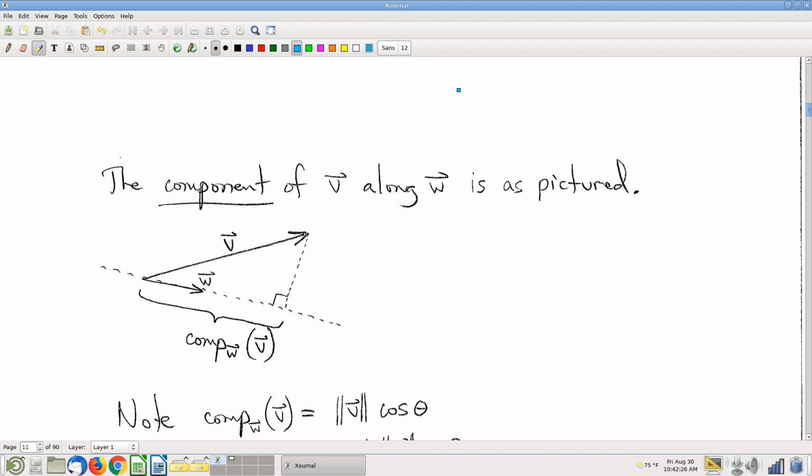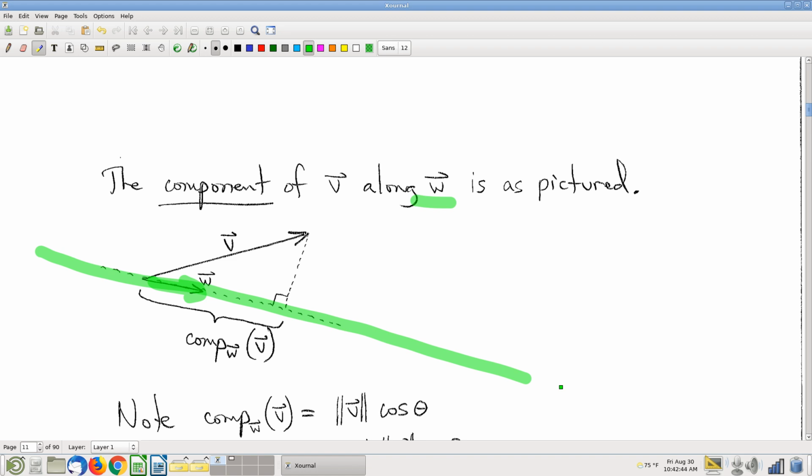Okay, anyway. So here's the idea of what a component is. Suppose you have a vector W, and you use that vector to define a direction.